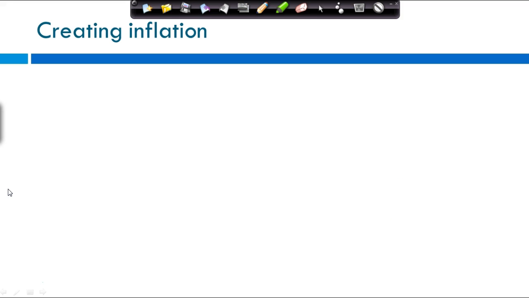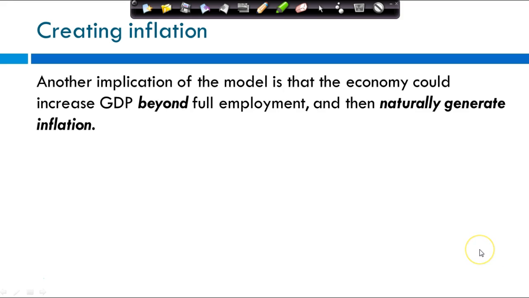Now, there's another implication that we can draw from this model, and that is that the economy could be operating at an equilibrium level of GDP that is beyond the full employment level in the short run.